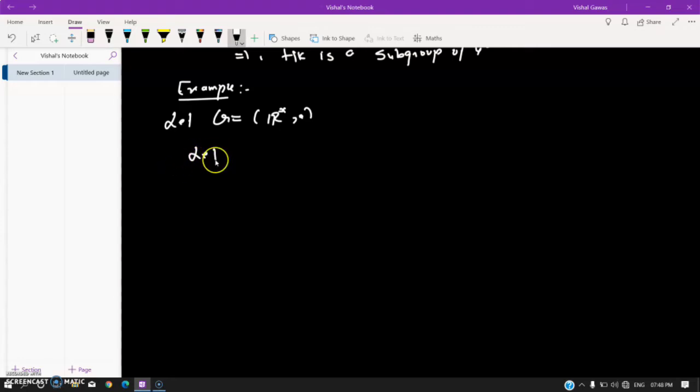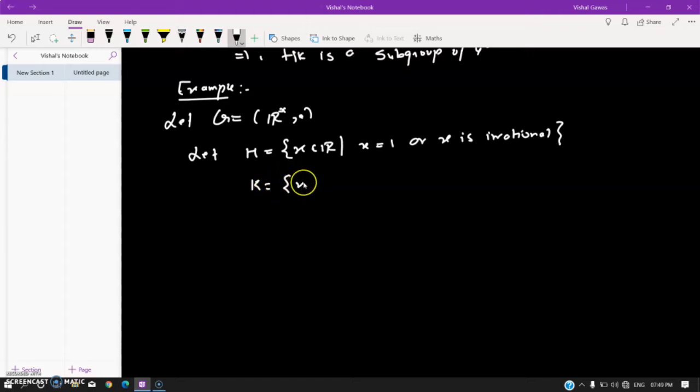Let H be the set of all x in R such that x is equal to 1 or x is irrational, and K be the set of all x in R such that x is greater than or equal to 1.